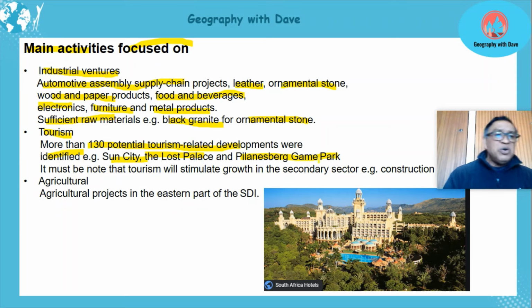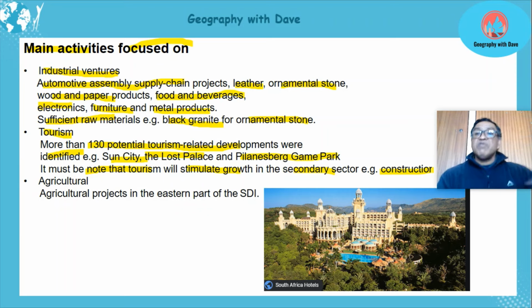All right. Okay. It must be noted that tourism will stimulate growth in the secondary sector. Example, construction. All right. So tourism may be a tertiary activity, but lots of things get influenced in the secondary sector, like construction of infrastructure, buildings, etc.